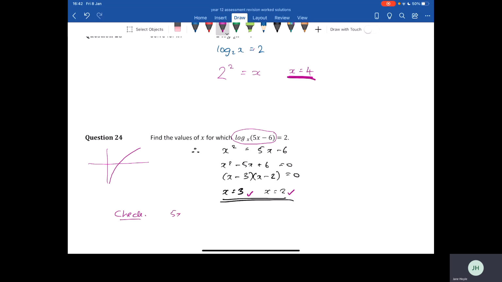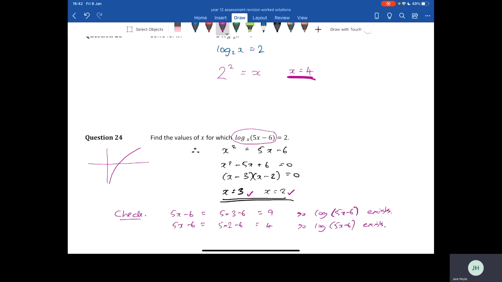So 5x minus 6 when x is 3 is going to be 5 times 3 minus 6. Yeah, that's positive. That's 9. So I know that log of 5x minus 6 is defined. And then if we check out what 5x minus 6 is for the smaller one, when x is 2, we're still okay, because 5 twos minus 6 is 4. So log of 5x minus 6 exists there.